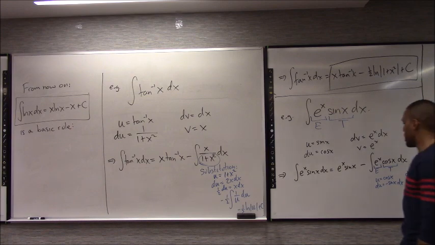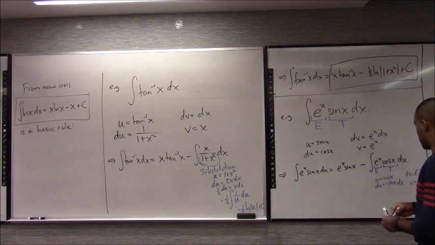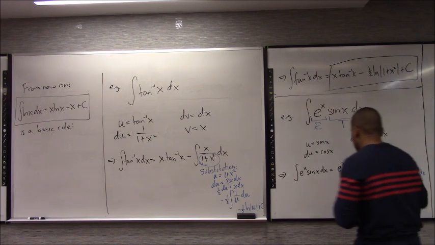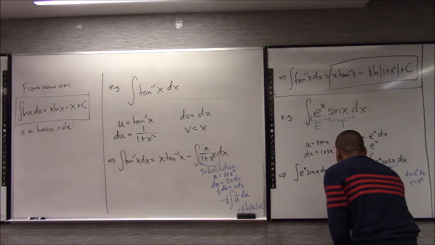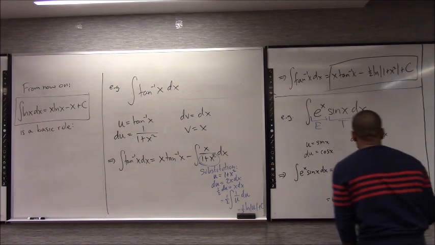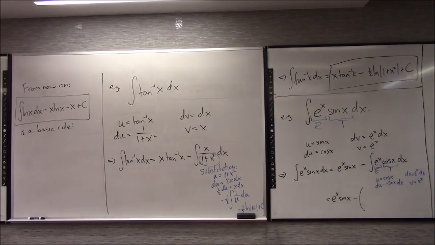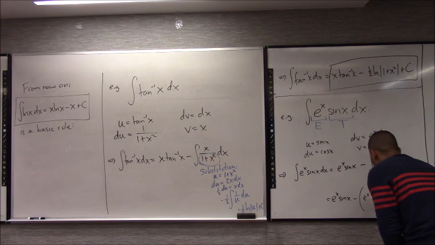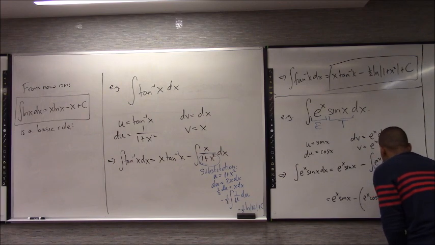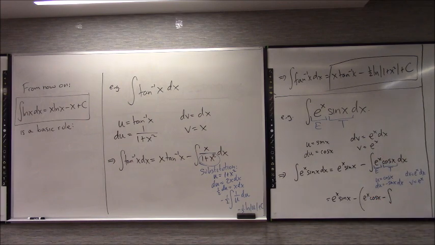So now I'm going to plug that in. So this would become e to the x sine of x minus, open parentheses, very important, u times v, e to the x cosine of x, minus the integral of v du, but it's minus a negative, so that becomes plus the integral of e to the x sine x dx.